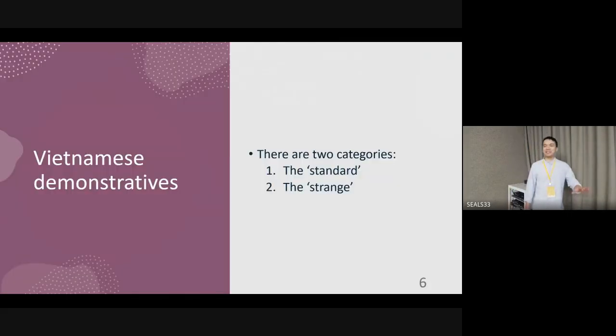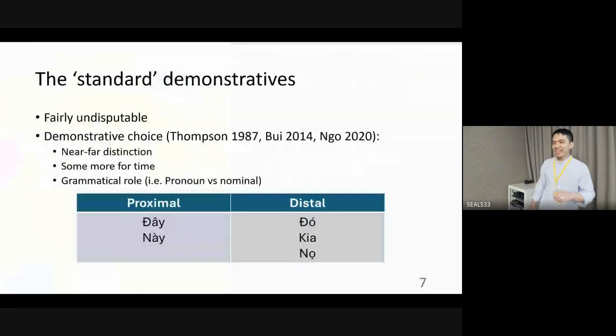When you look into any studies or descriptions of Vietnamese demonstratives, you will notice that there seem to be two types of demonstrative. The first one is a standard one, and the second one, I call a strange one. For the standard one, they're generally agreed upon by everyone, what they do and what their functions are. They convey the near-far distinction, similar to this and that in English.